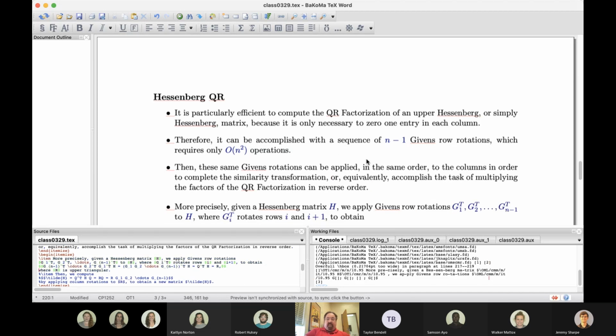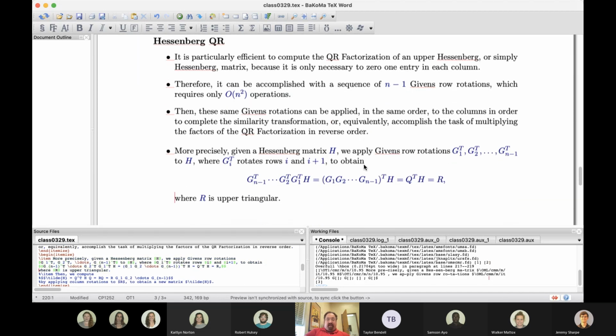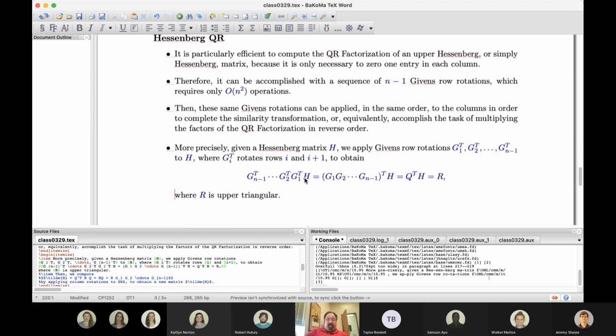All right, so here are the details of that. Here's the original Hessenberg matrix H. You apply these Givens rotations on the left. Now, remember, as I've said so often, the transpose of a product is the product of the transposes in reverse order.